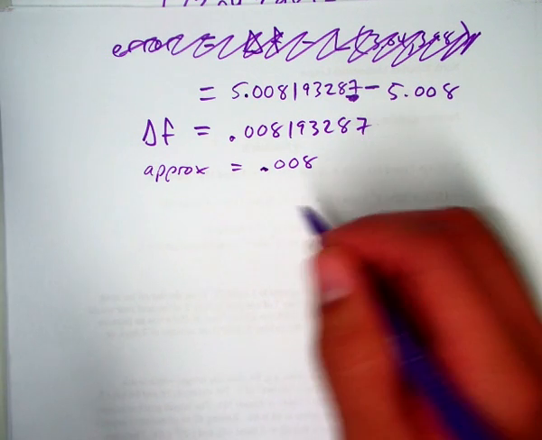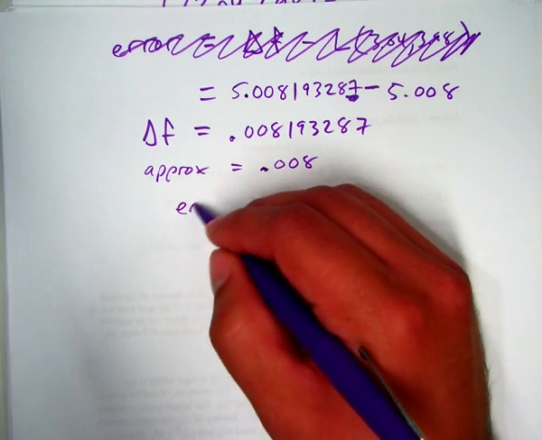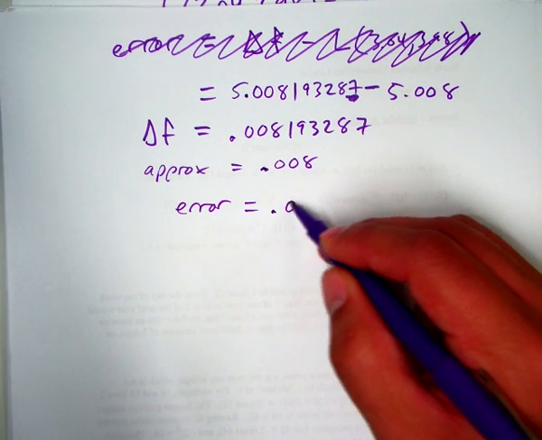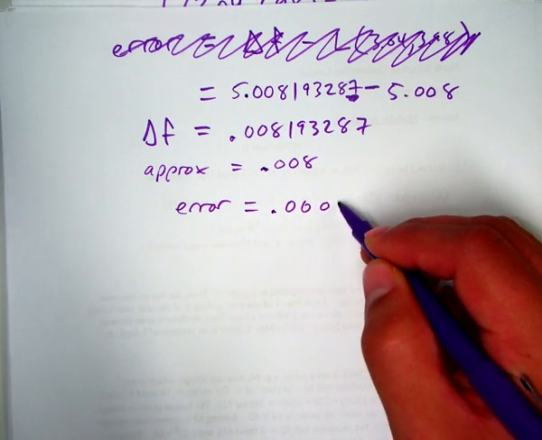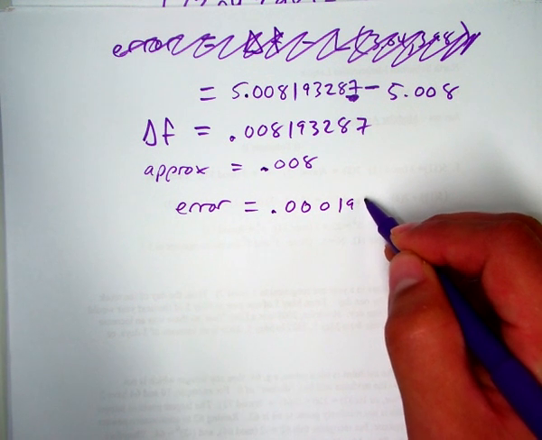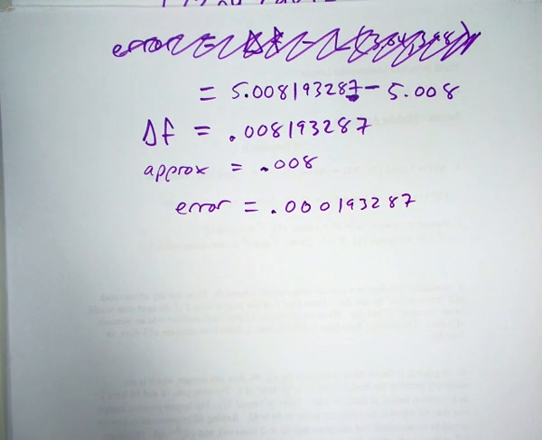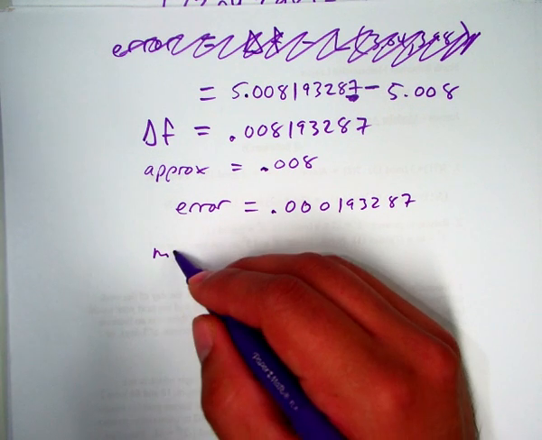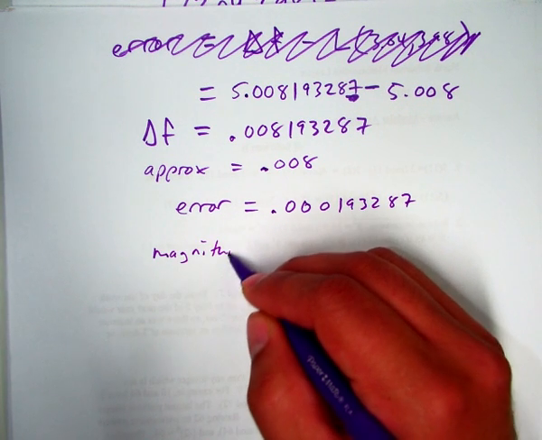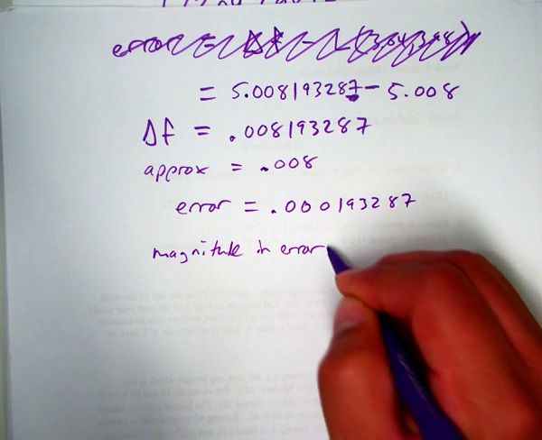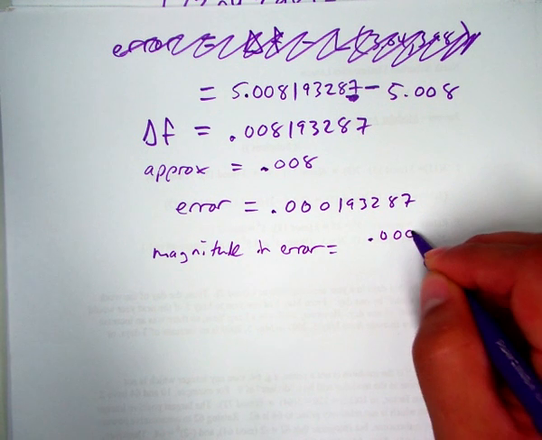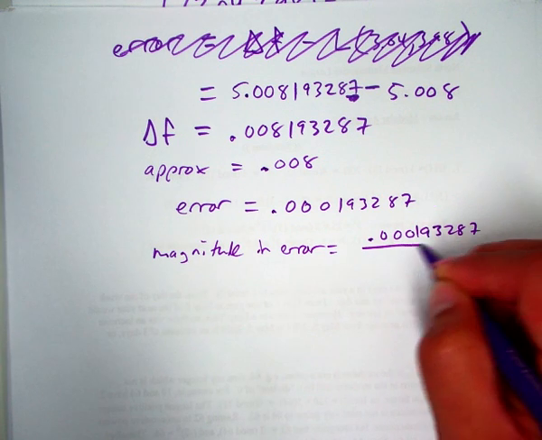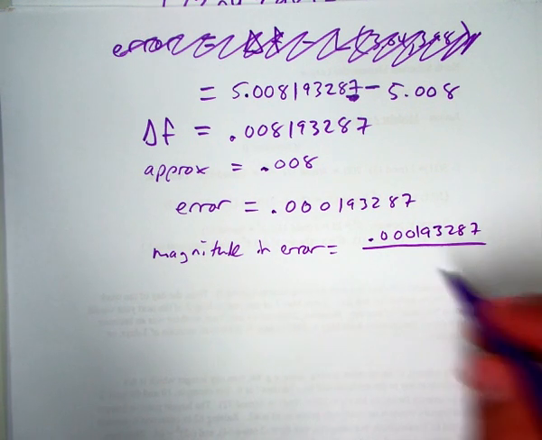So then the error is approximately, if you take the difference here, 0.00193287. And if we compare that to the distance, the magnitude of error will be that divided by the distance between the two points.